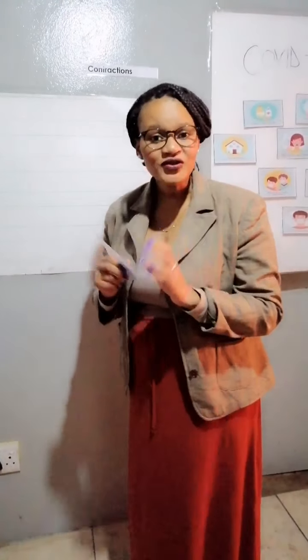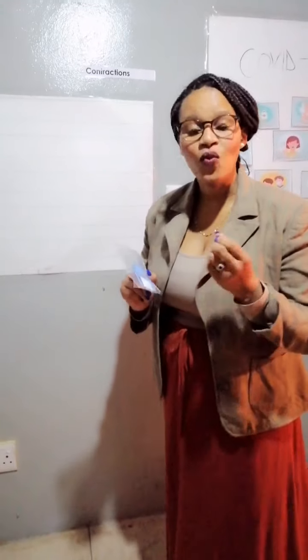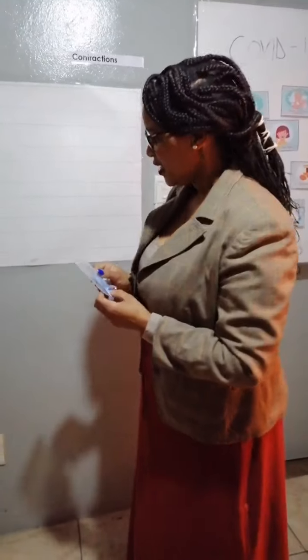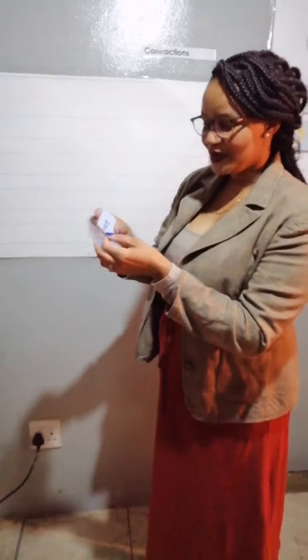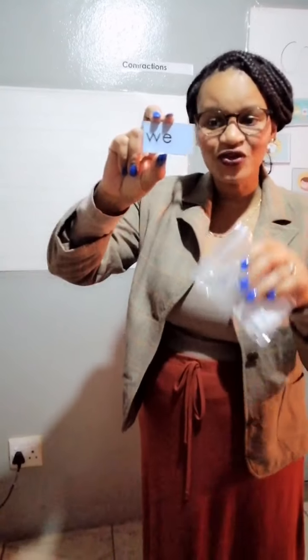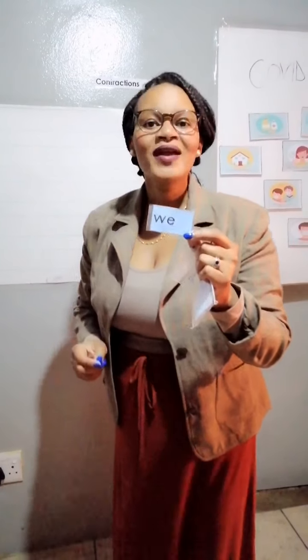So before I give you your activity, I'm going to explain what you are going to do. First, you are going to take the word. For example, here we have the word we. So you take the word we and you read it out loud. Say we.